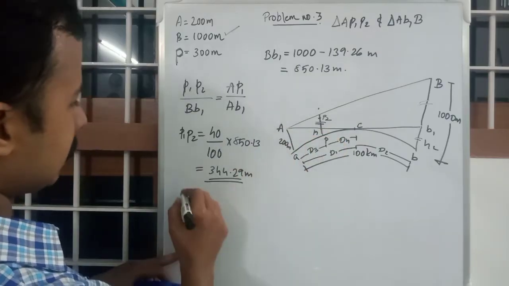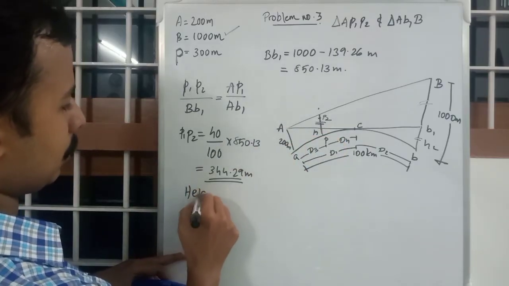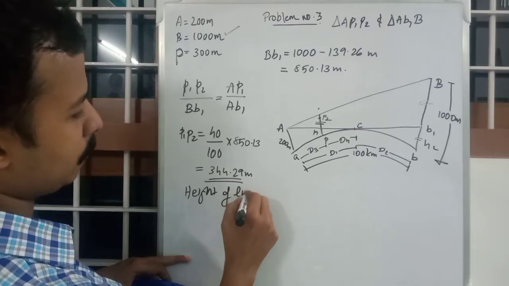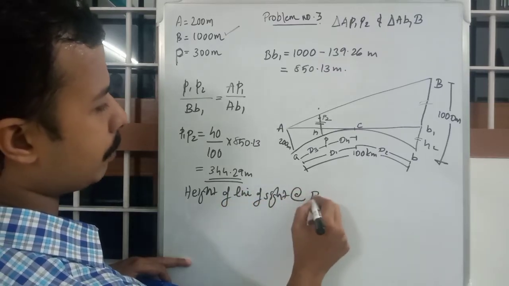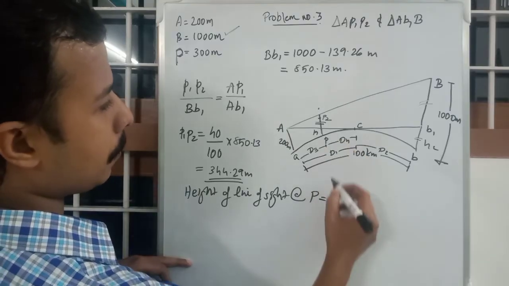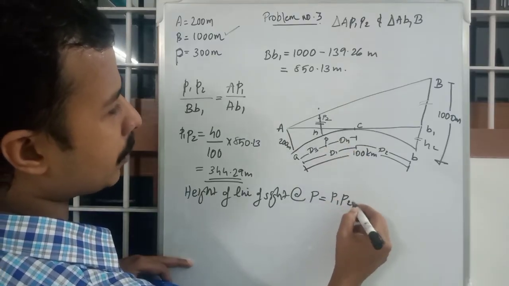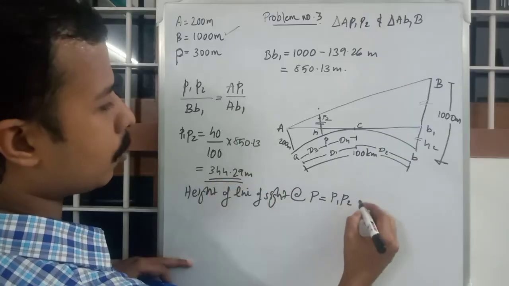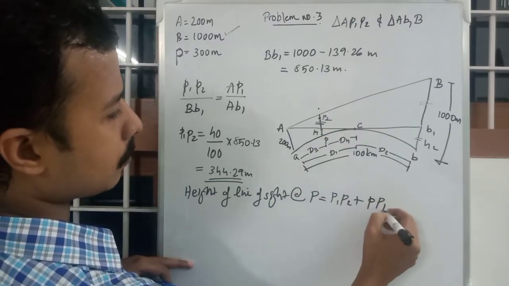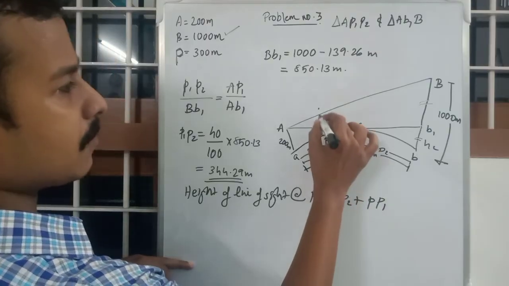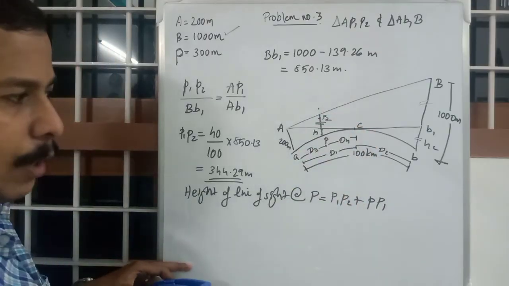Okay, and this is not the height we are looking for, it is just P1P2. So the height of line of sight at P is equal to P1P2, which we just found out, plus PP1, because we want the height from the ground itself.